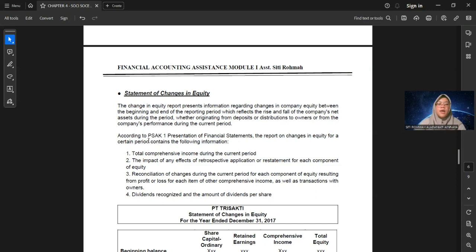According to PSAK 1 presentation of financial statements, the report on change in equity for a certain period contains the following information.